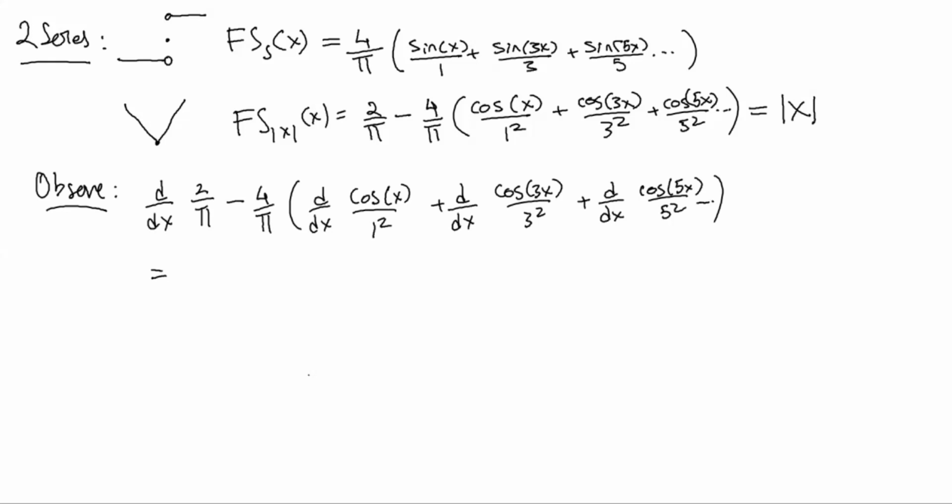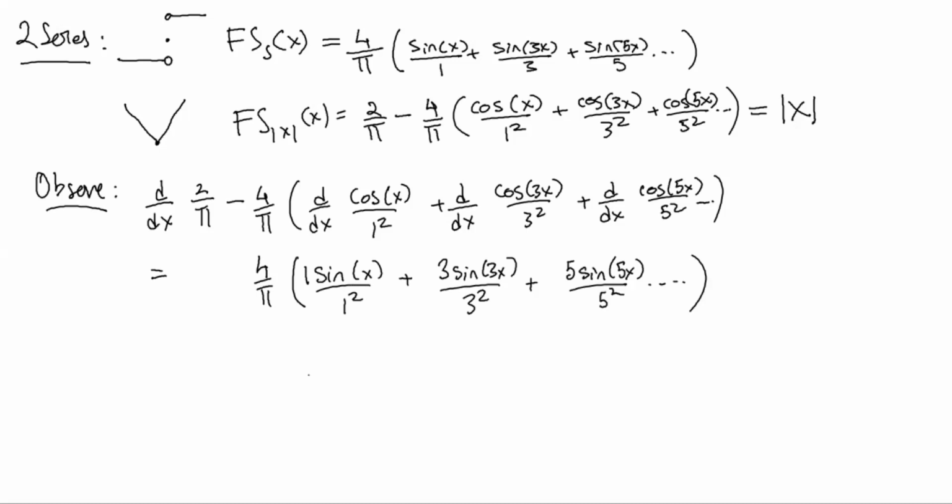It's just minus sine times n. So that cancels the thing in the denominator. This is literally equal to 4 over pi times sine x over 1 plus 3 sine 3x over 3 squared plus 5 sine 5x over 5 squared. And these cancel, so this is literally equal to the Fourier series of the step function.